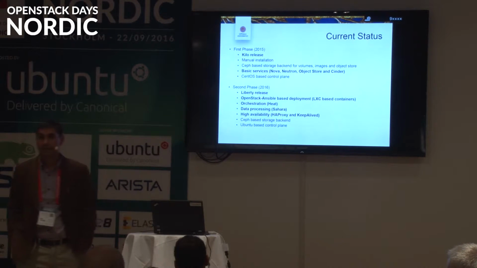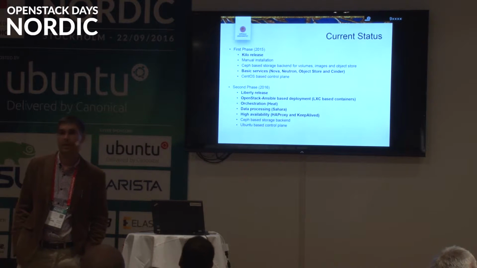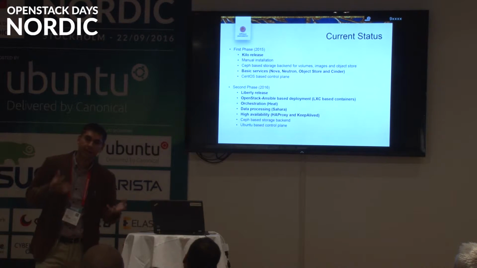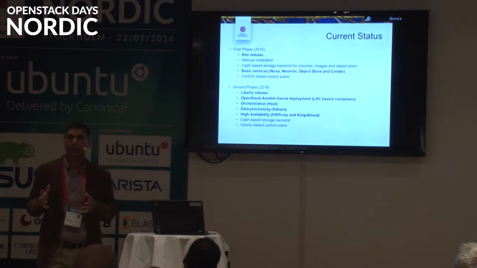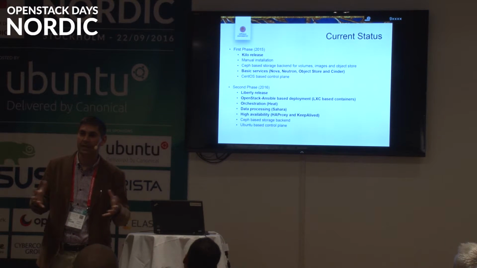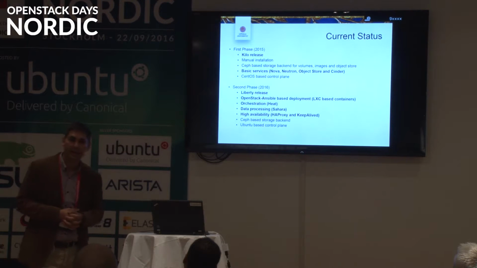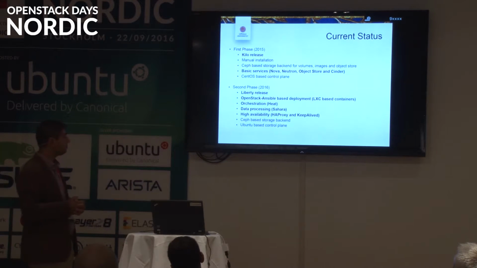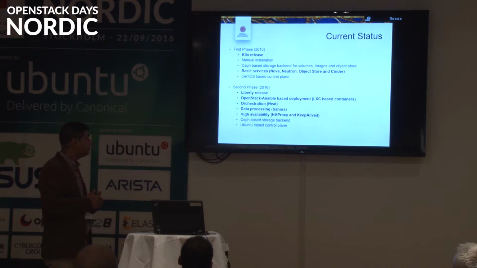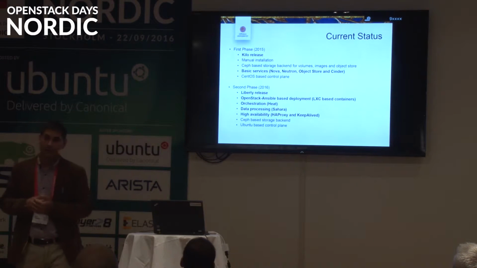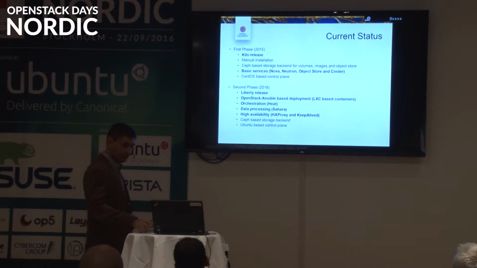So all these things are currently available. We have a highly available system, but still there are more things to do to make it a more stable and production quality system. And for our deployment, we have mostly used Ceph and Ubuntu systems.